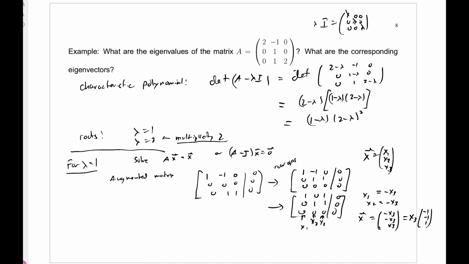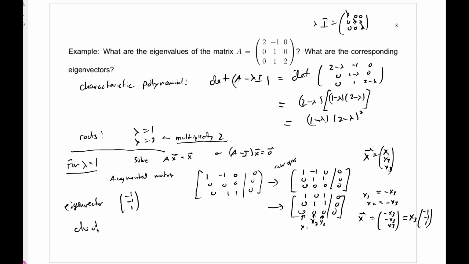So what is the claim? The claim is that x3 can be any number, and any multiple x3 times this vector will be a solution to this equation. In particular, as long as x3 is not 0, you'll have an eigenvector here. So if we just take x3 equals 1, we can have our eigenvector, which is going to be the vector minus 1, minus 1, 1.